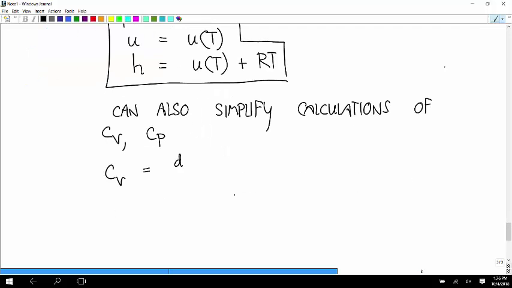CV is just du dt again. The reasoning is exactly the same as it was for an incompressible liquid. And CP is CV plus R.